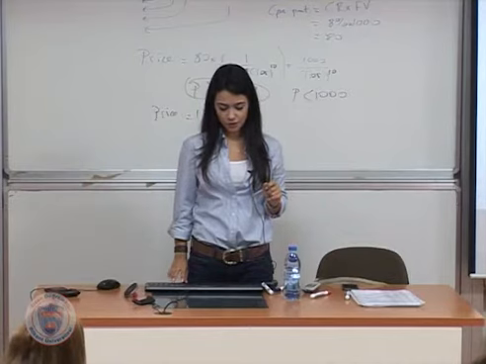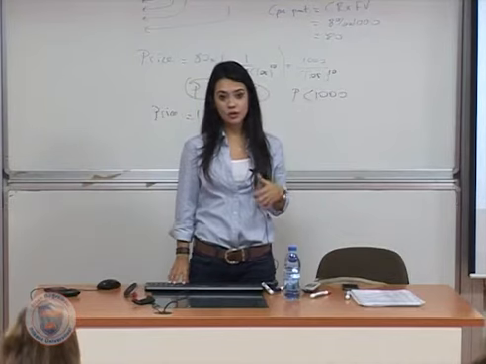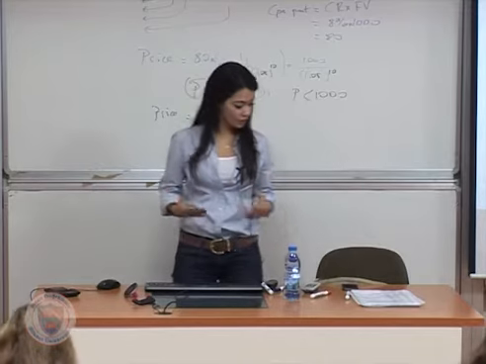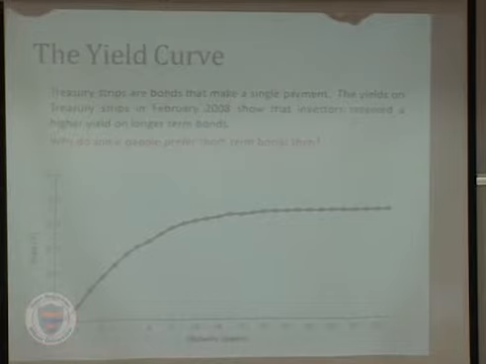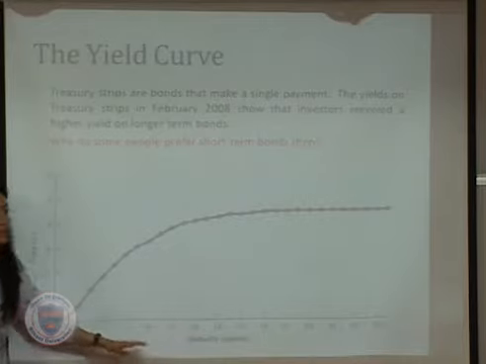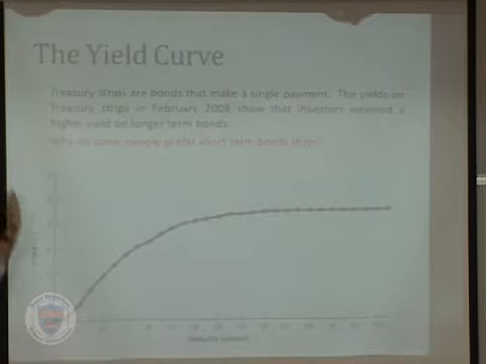Let's talk about this first. Actually, we're talking about the yield curve. That is something we just talked about. So what is the yield curve? Let me go into that and then answer your questions. The yield curve is a graph that gives you the relationship between maturity of bonds and their yields to maturity.